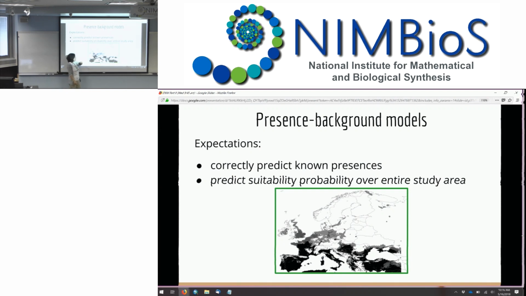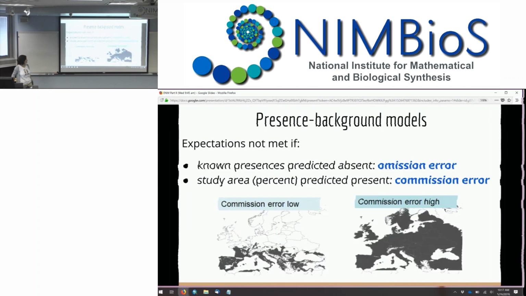So if I have a model with maybe 100 occurrences scattered across Europe, I run a model, I want those presences to be predicted present, but I'm also after this potential distribution or predicted suitability across the extent of my study area. So I have high suitability versus low suitability, varying degrees or shades of gray.